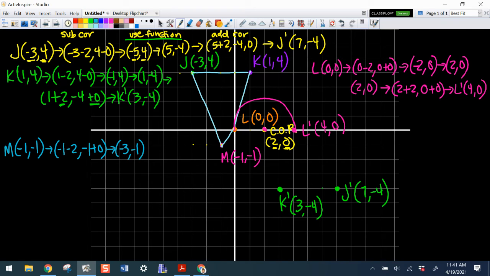Now we're going to change the sign because that's what our function tells us to do. Change the sign of both the x and y value. So it'll be +3, +1. Then I need to add the center of rotation back. So I'm going to add 2 to our x and add nothing to our y, so that M prime is located at 5, 1. So M prime will now be located at 5, 1, which will be here.